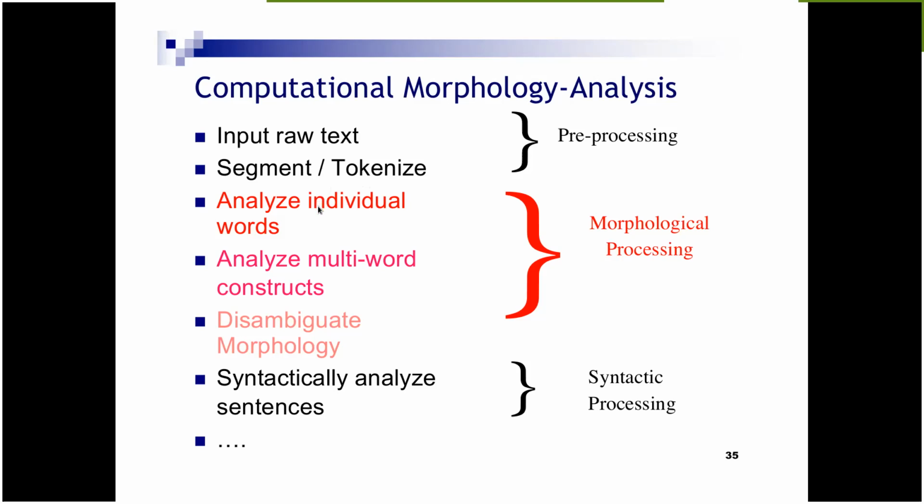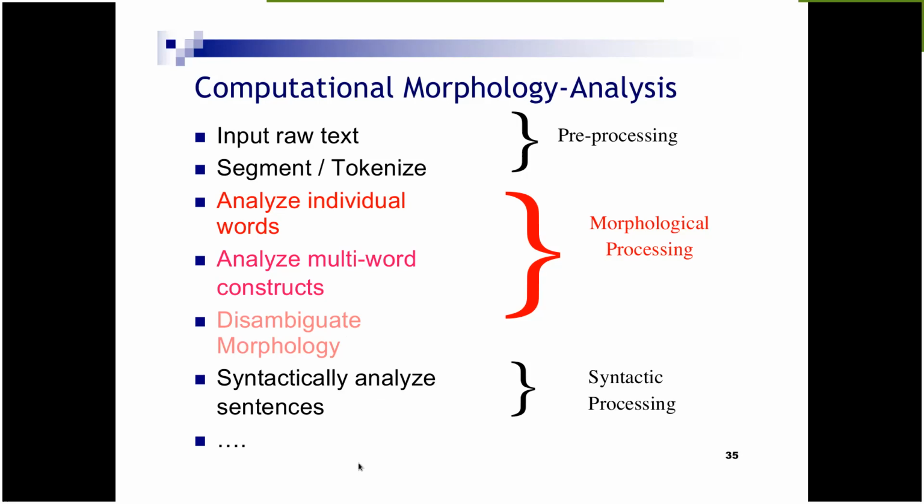And then at the next level, you have to do the analysis of individual words. So you parse the words, especially when they have a complex morphology, and then you get the components. Because of the ambiguity that might result in the analysis, you need to do disambiguation. After you pass that step, then you can go to further processing steps, like syntactical analysis, which is basically analyzing the relationship between words in a sentence.